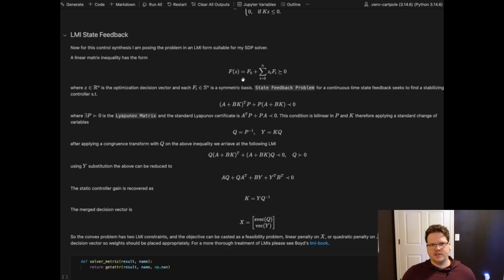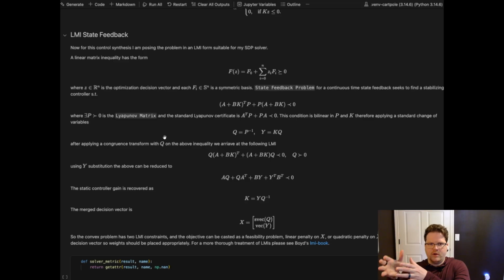But it's essentially this Z here is our decision vector, and what's really being applied is a matrix pencil. So you can imagine this sort of operation where the Z variable is packed into this symmetric matrix.